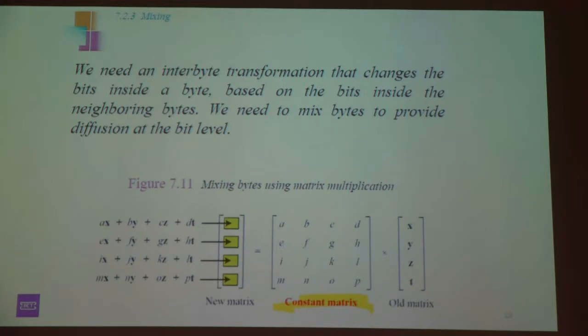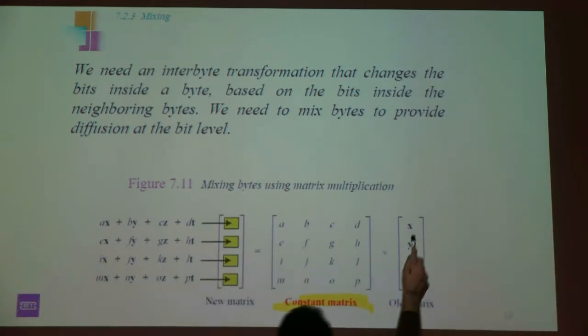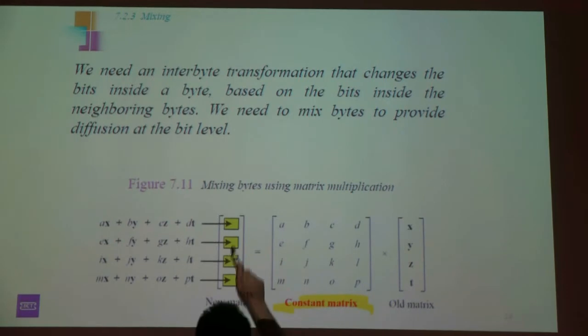The idea here, before we explain this: when you multiply a square matrix with a column, what is the output? It will be a column. What contributed to this column? Every element in the matrix, as you see in here. For example, X changed to a value here.